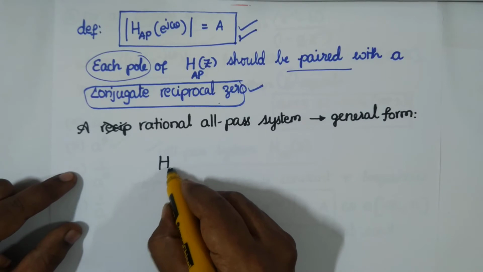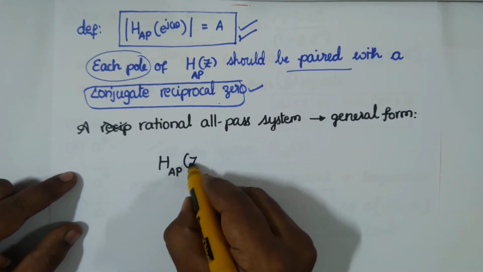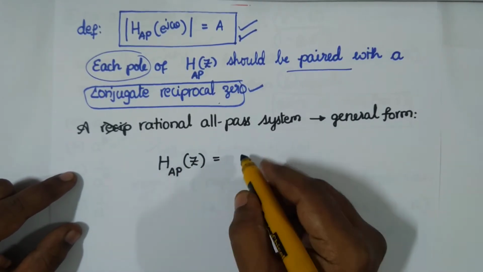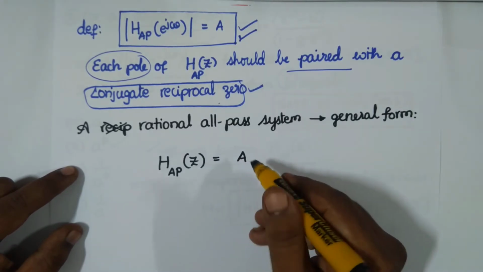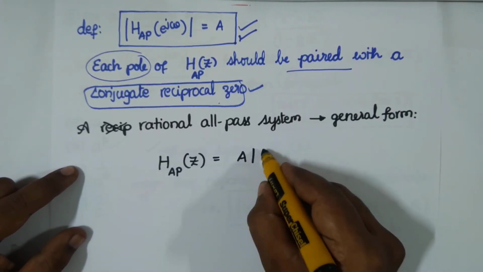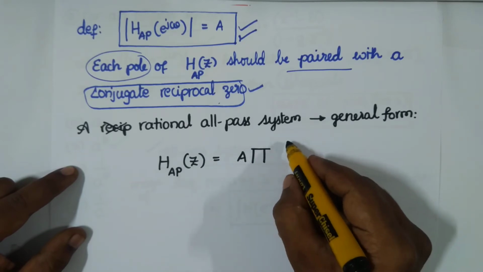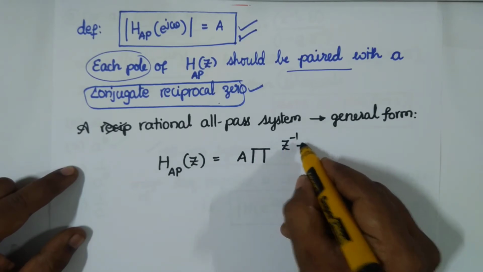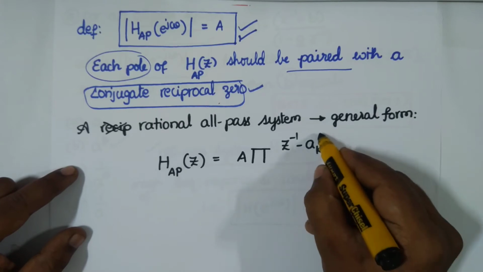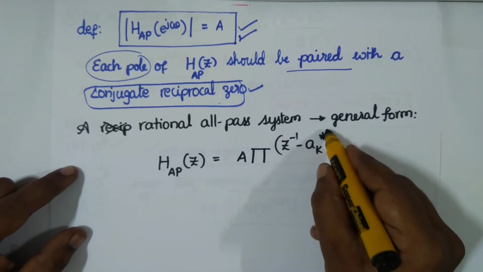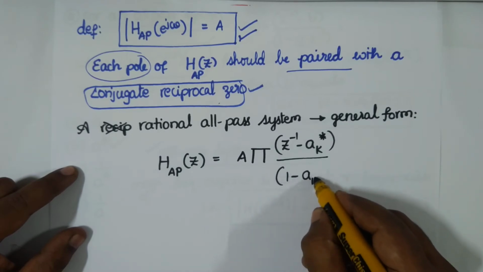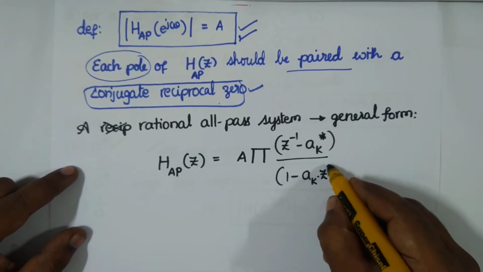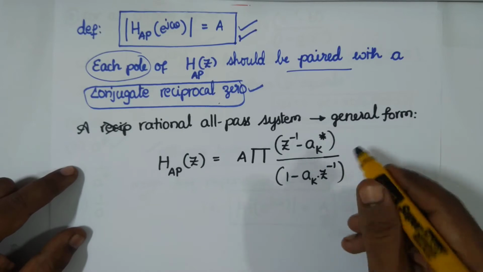Let me take my all-pass system with any real constant here, need not be 1 always. I'll take the product of the pairs as follows: z power minus 1 minus a sub k conjugate, divided by 1 minus a sub k multiplied by z power minus 1.